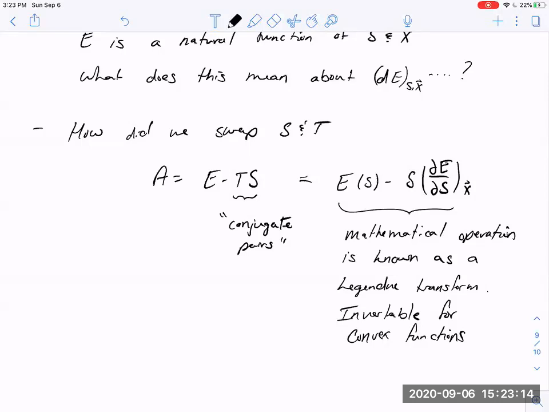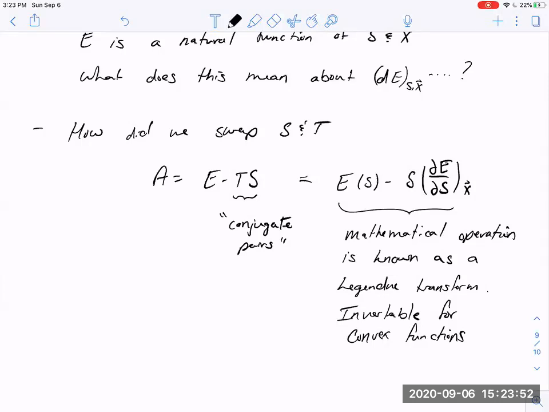Invertibility means that if I gave you the Helmholtz free energy, you could then reconstruct the function of the energy. And those functions, the original function of the energy and that inverted from the Helmholtz free energy, would be identical. Another way to say that is that this is a transformation which, in the limit that E is a convex function, is unique. It doesn't lose any information. The information contained in E of S is identical to the information contained in A.